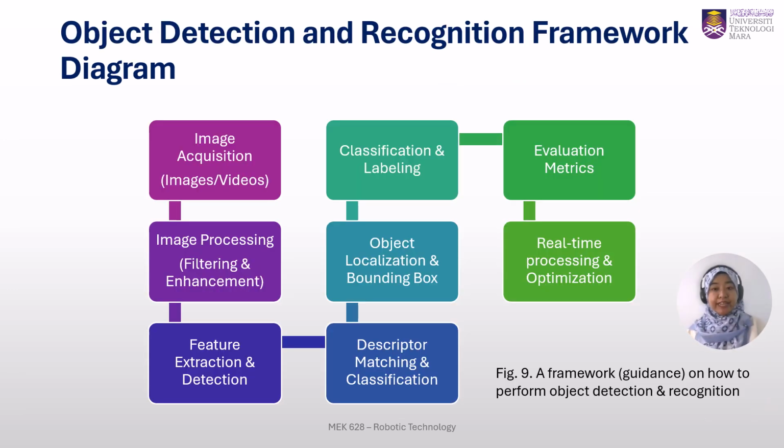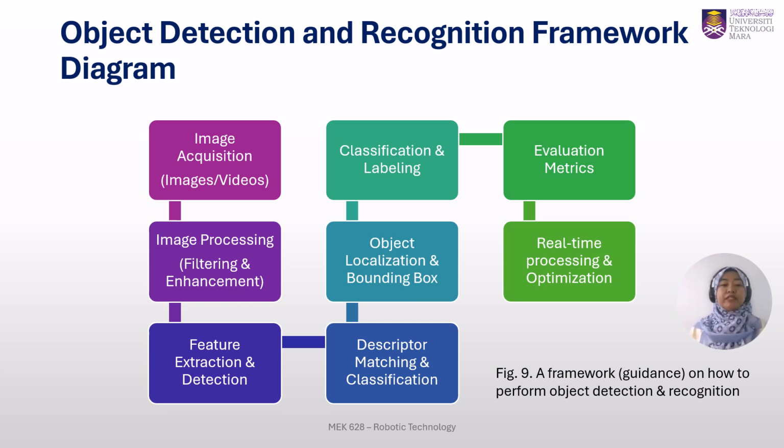In this slide, it shows the framework diagram that can be used for object detection and recognition. So here is the full pipeline. The image goes in from the image acquisition method, from images or from videos, and then it gets cleaned by using image processing through filtering and enhancement of the image.